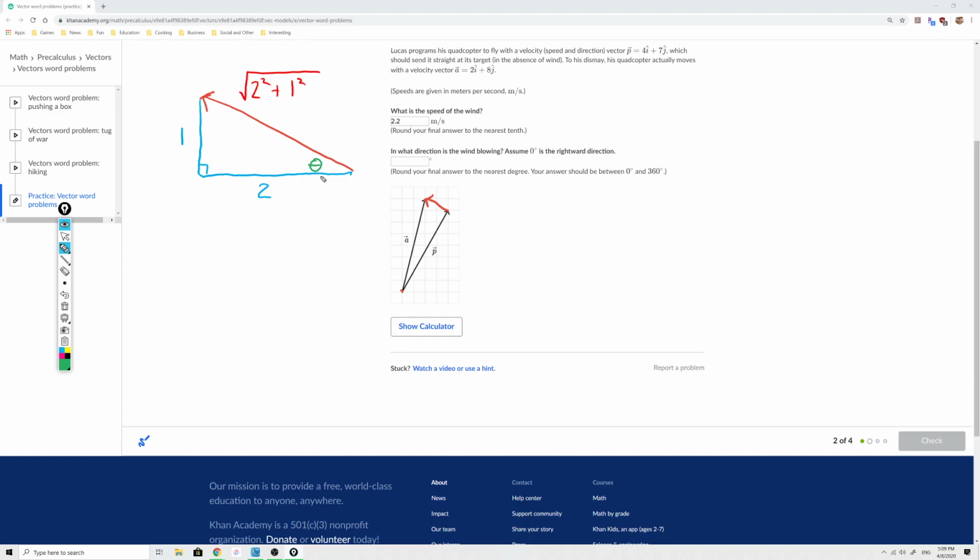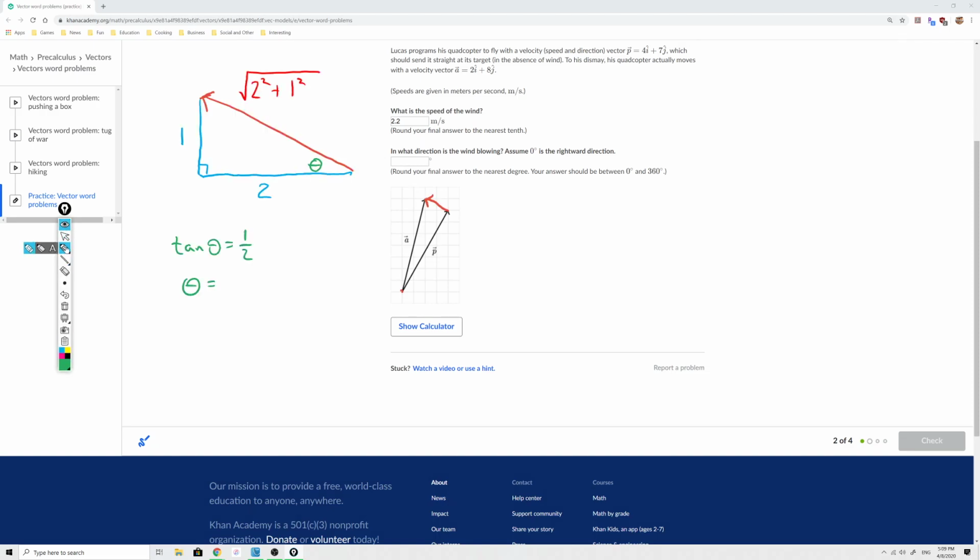Okay, well, let's say we wanted to find theta. You guys know your trig pretty well. You can say that the tangent of angle theta is opposite over adjacent, which is 1/2. That means theta is the inverse tangent of 1/2.